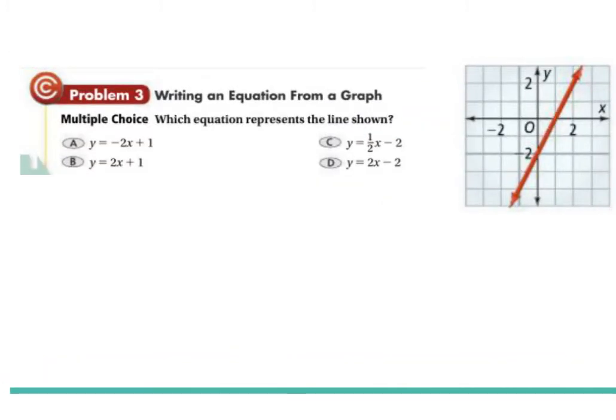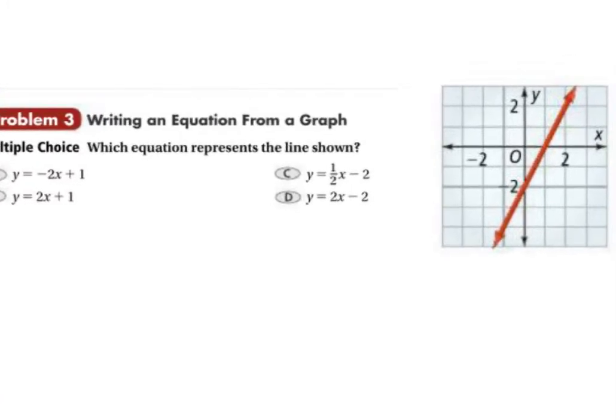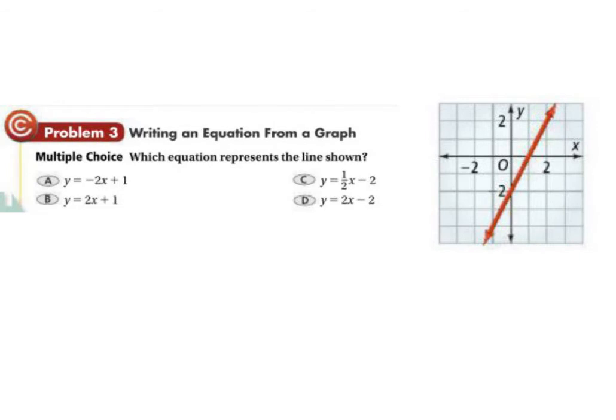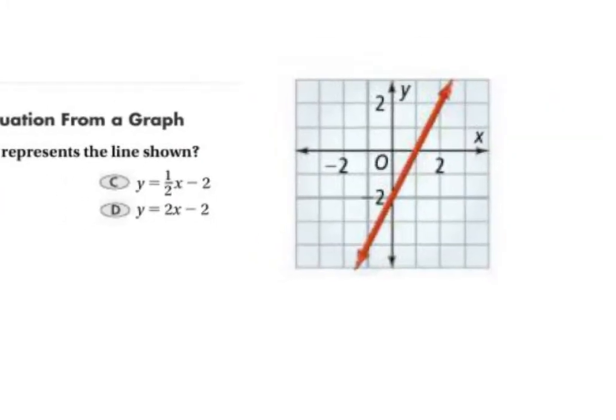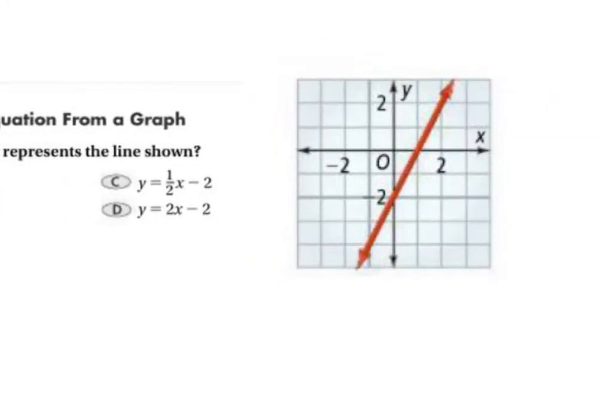Okay. Now, we have a graph here on the next slide on problem 3, and we need to pick which graph is represented by this line, okay? Now, first off, we should identify a few things. Can we figure out the slope from this line? Yes, we can. Slope is going to be rise over run. And all we need to do is pick 2 points.